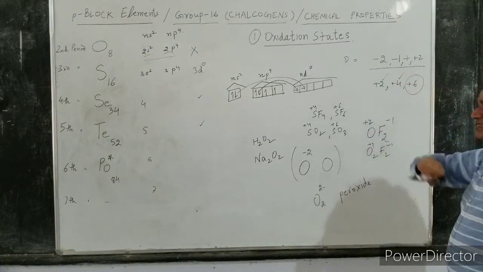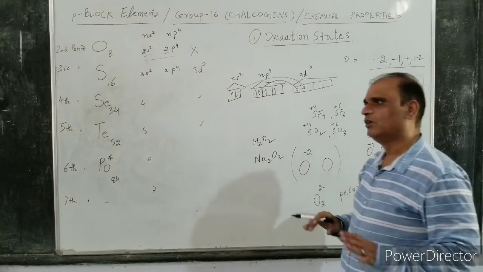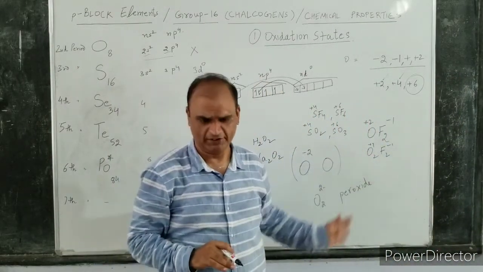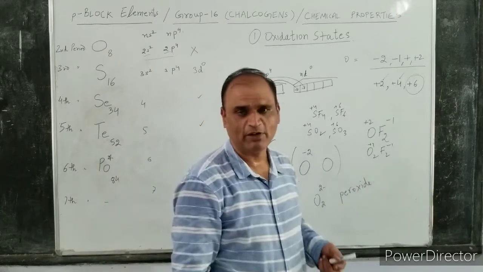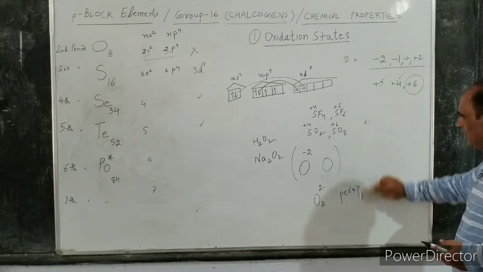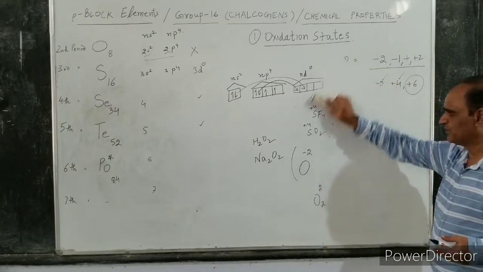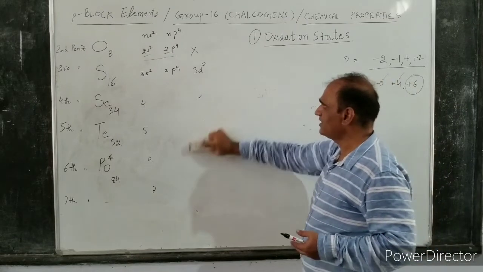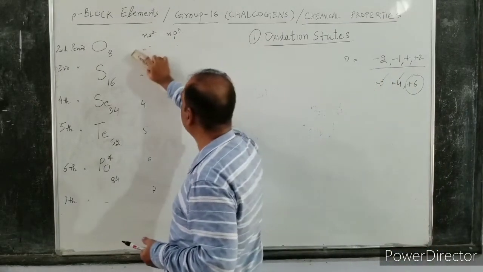It can show +6, but up till now no compound having +6 state of polonium is known. That is why we leave it. Okay, so this was about the oxidation states of chalcogens, that is elements of group 16 of P block. So this was the first chemical property of these elements.